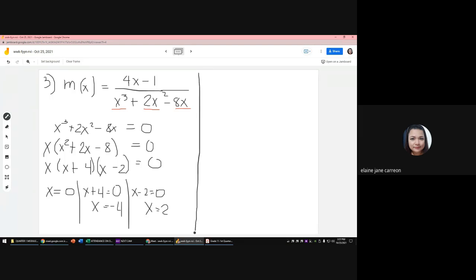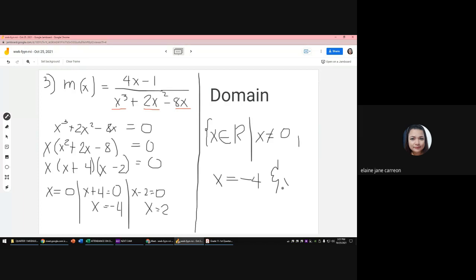Okay, so for our domain here, we are now ready to conclude. For all values of x, element of real numbers, such that x is not equal to 0, x is not equal to negative 4, and x is not equal to positive 2.